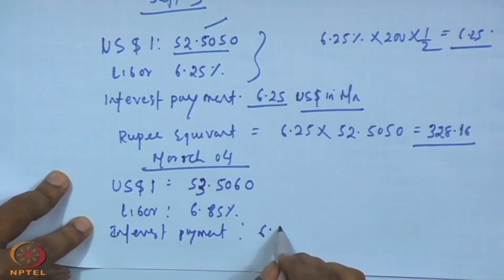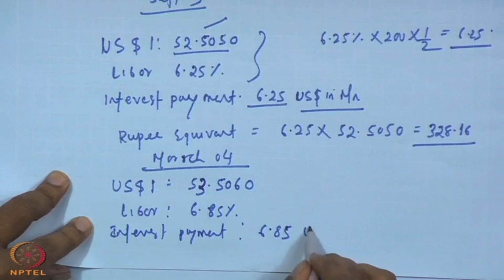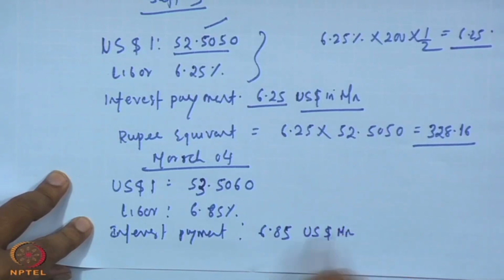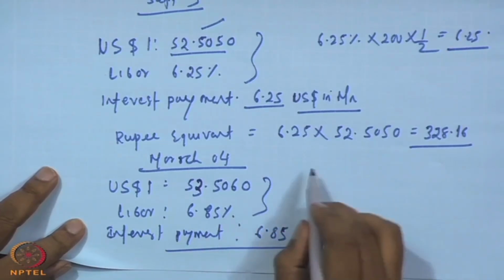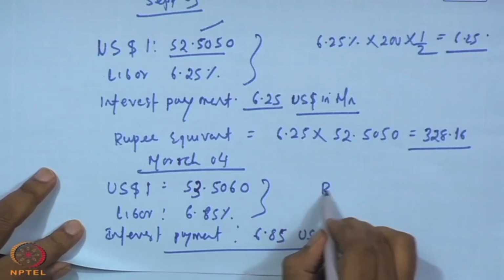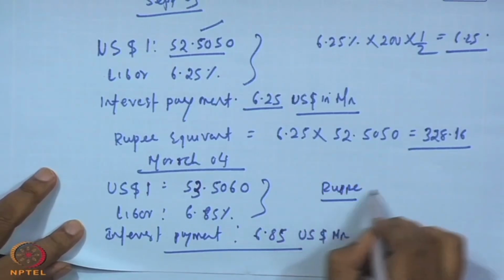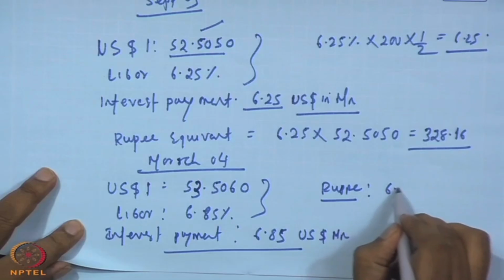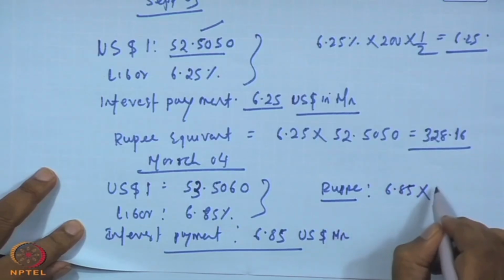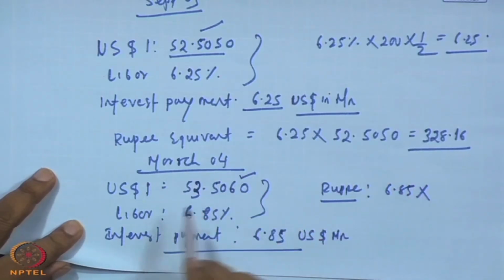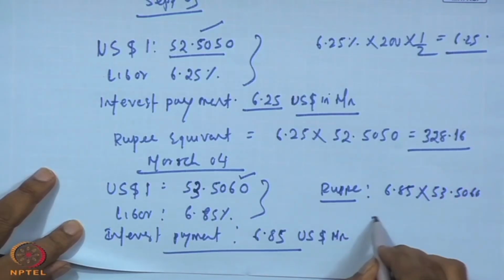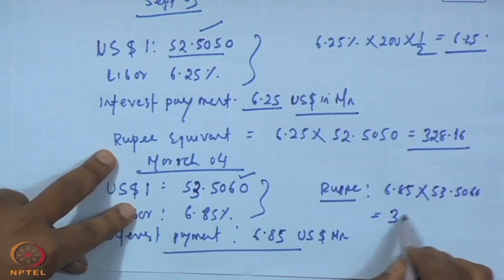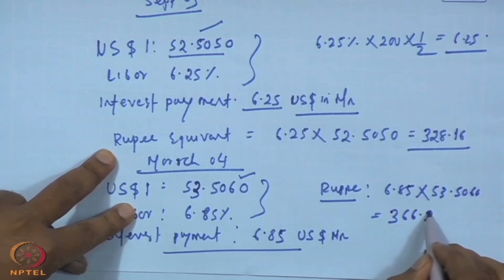It will be 6.85 into 53.5060, which is 366.52.